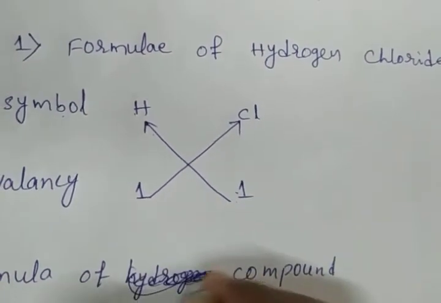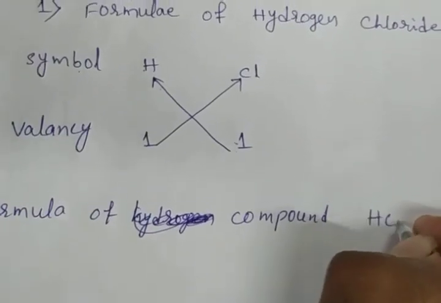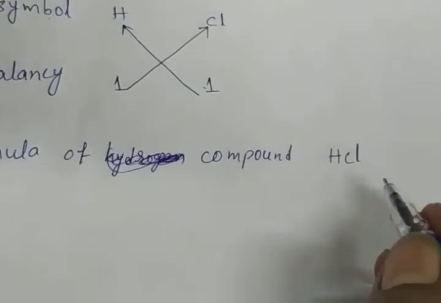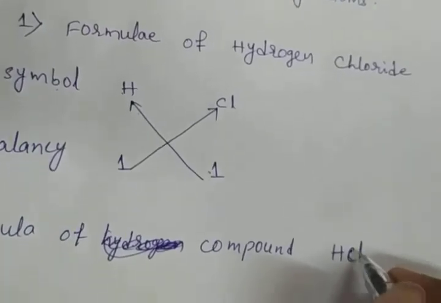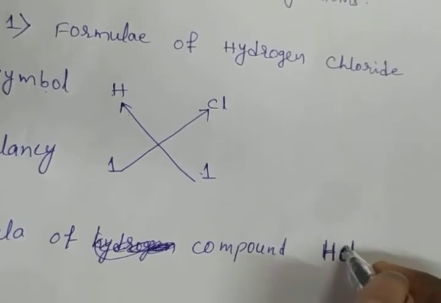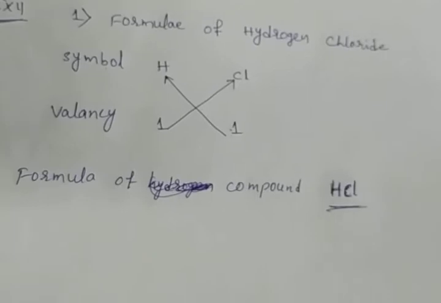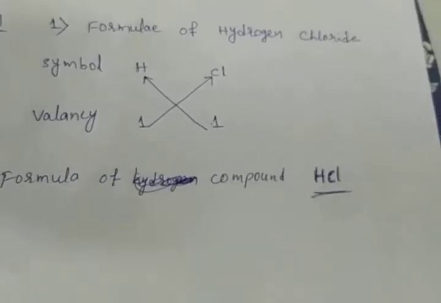Formula of compound is HCl. What is the formula? HCl. This is the formula of the compound hydrogen chloride.